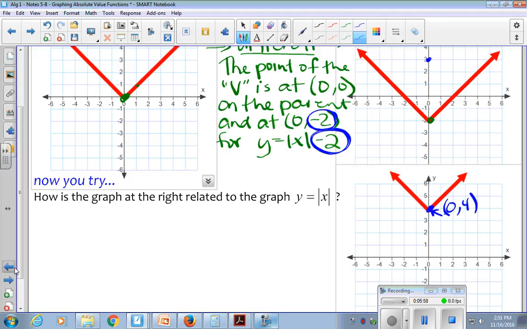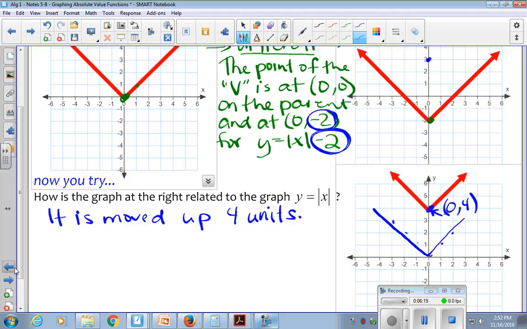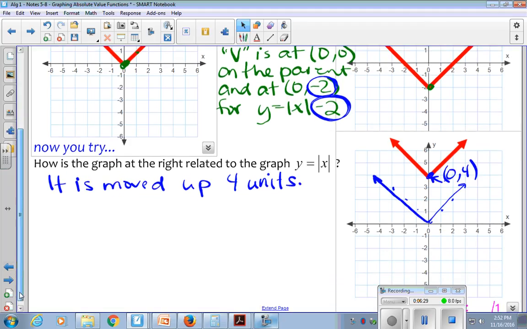When it's asked how is the graph at the right related to the graph y equals absolute value of x, we're going to say it is moved up 4 units. The original parent function is down here, and then this one above is moved up 4 units. Everything else is the same.